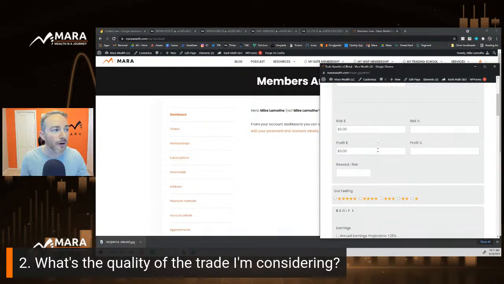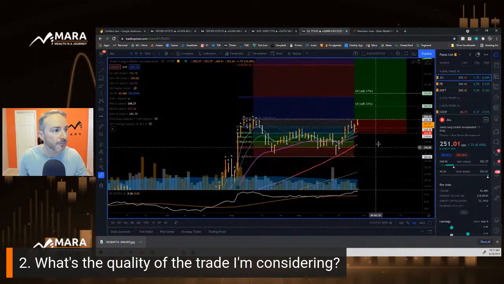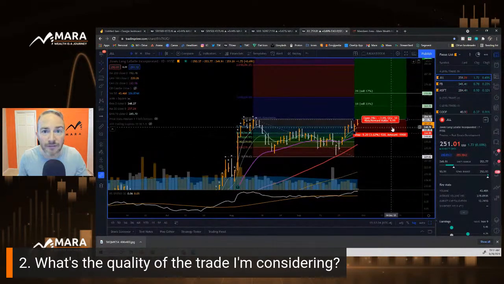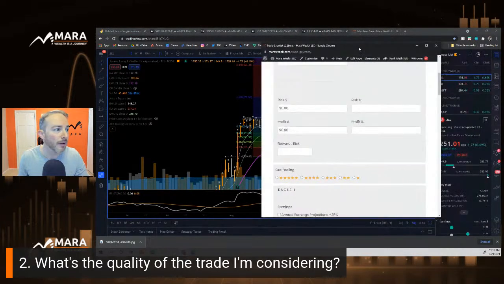Then it'll spit out how much is being risked, what's my profit, what's the reward to risk. If it's at least three or more, then great, it meets that minimum criteria. For JLL, it happened to be a nearly 5-to-1 reward to risk trade.